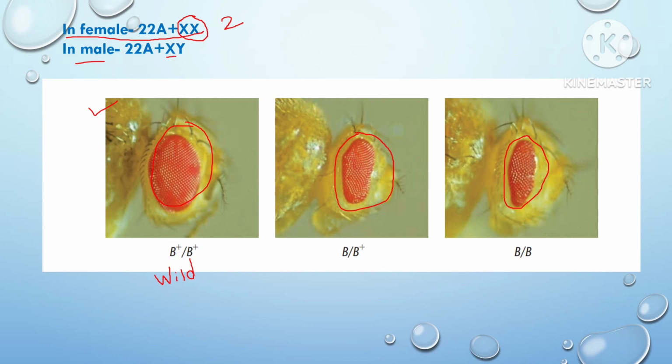But in case of female, B plus is wild type. When we have one mutant, the shape shrinks a little from the oval shape, and if we have two mutants, the oval shaped eye shrinks more and looks like bar or slit like. So I hope it is clear.